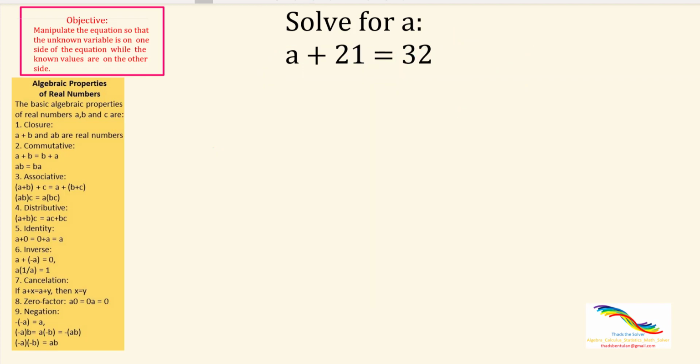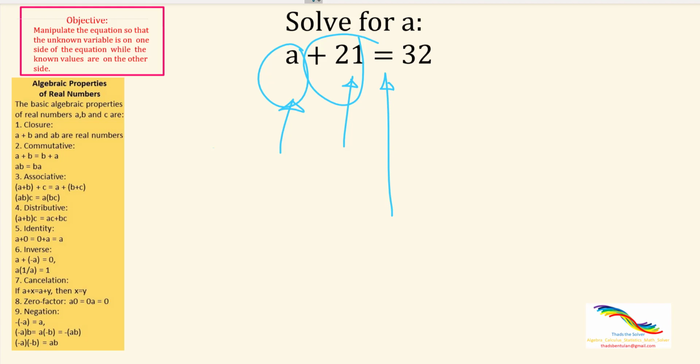Okay, so let us analyze this problem. We already have a, the unknown variable, and you want a to stay and be isolated on the left hand side of the equation. So that means we need to eliminate the 21 here. Now remember, this is an equation. It's like a scale balance.